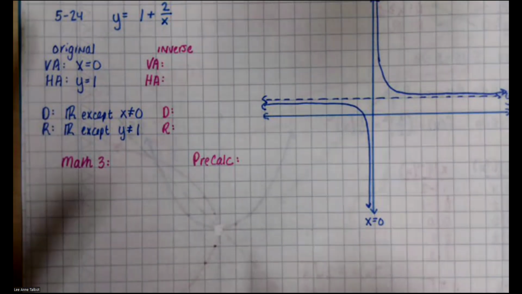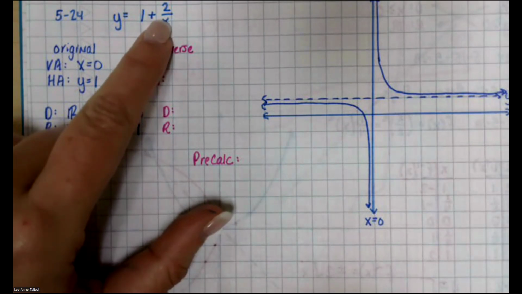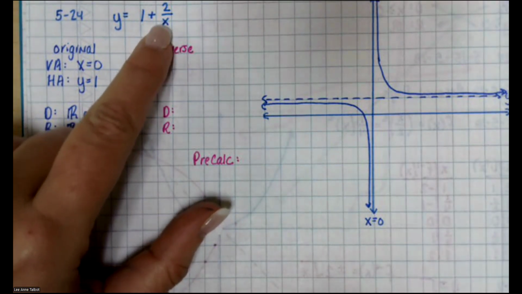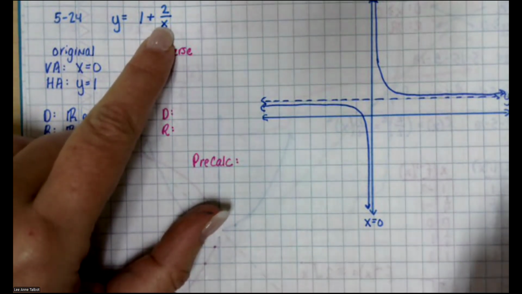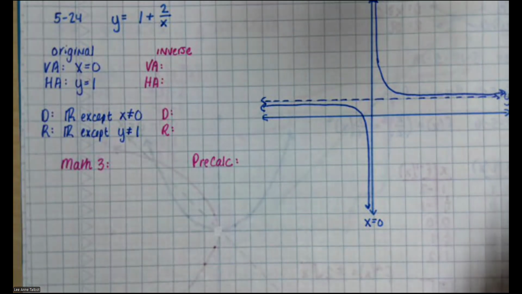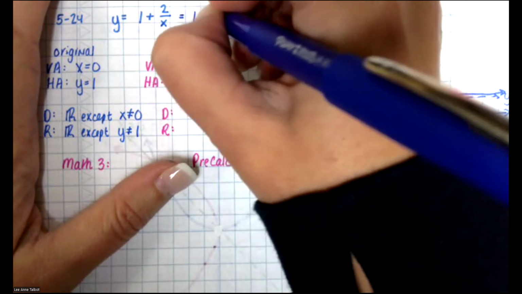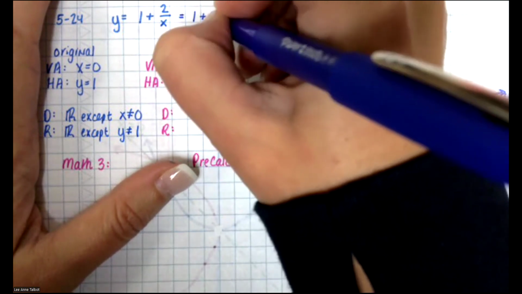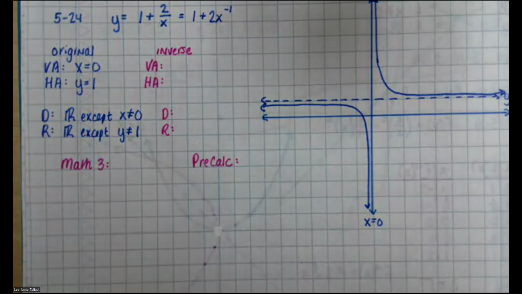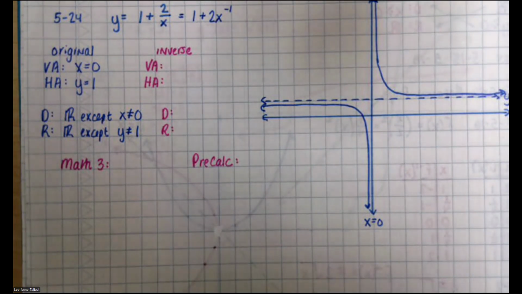In Math 3, I would list the original steps and list the inverse steps and write the inverse. However, how do I write what happens to it when it looks like this? What you need to do is convert this to this, thinking about exactly what we did in our warm-up.